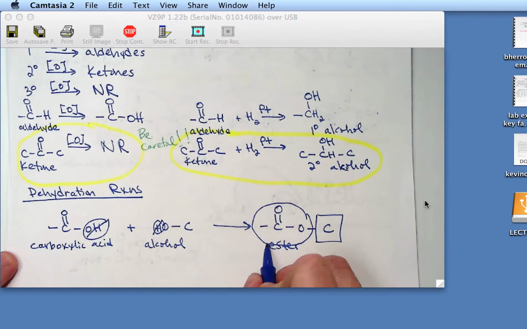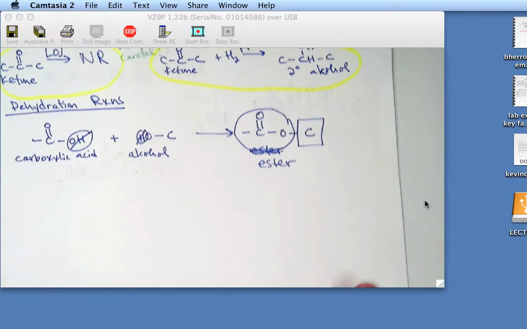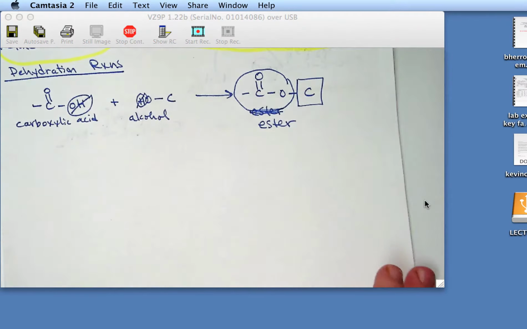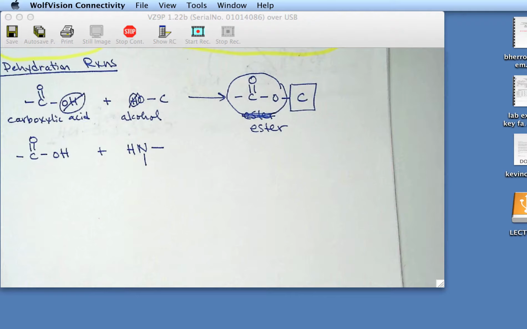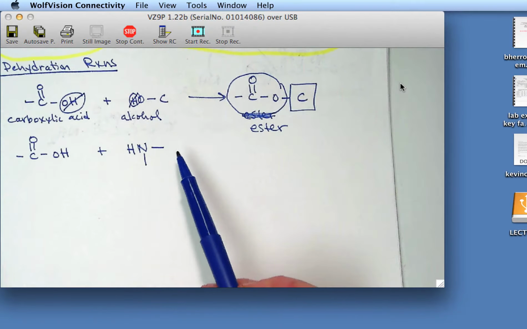All right. What's the other dehydration reaction we learned about? The one tonight. Good. Excellent. So it also involves a carboxylic acid and an amine. So the amine must have at least one hydrogen for the amidation reaction.